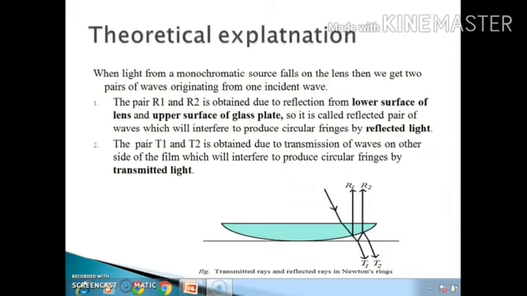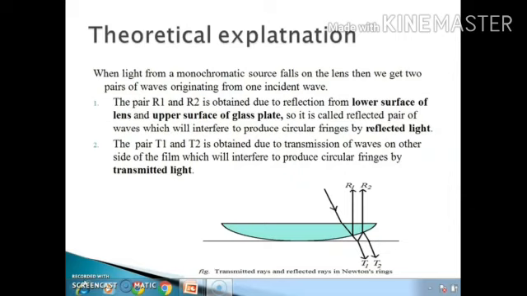You can see in the figure that when the incident light is reflected from the lower surface of the plano-convex lens, we obtain a reflected wave R1, and further it gets reflected from the upper surface of the glass plate, and finally we get another reflected wave R2. In this way we get two reflected waves originating from the single incident wave.